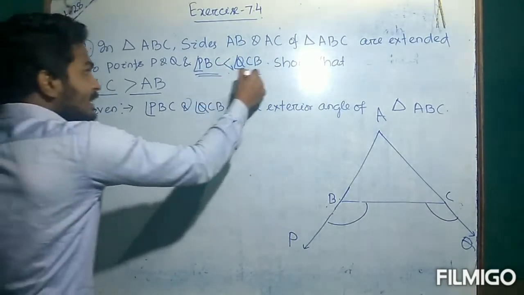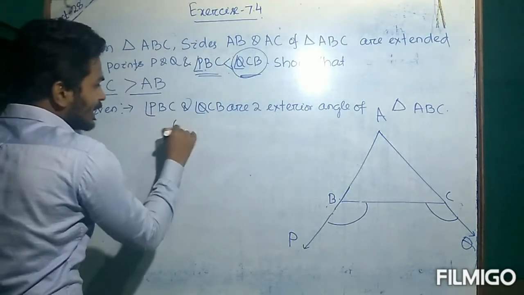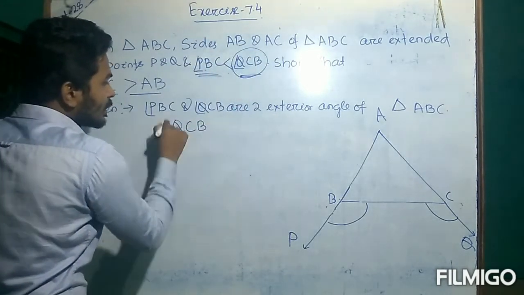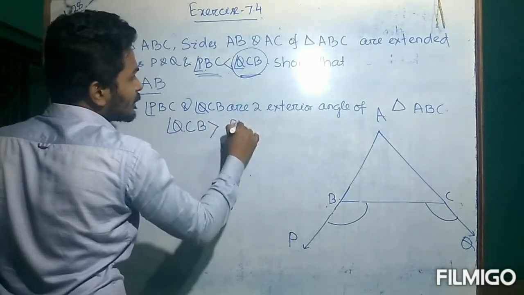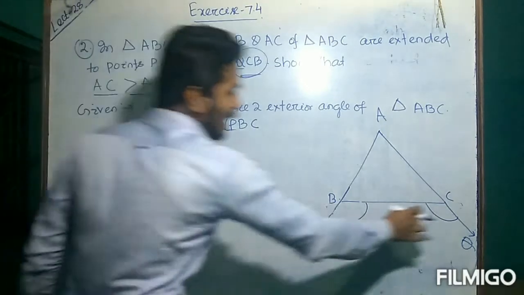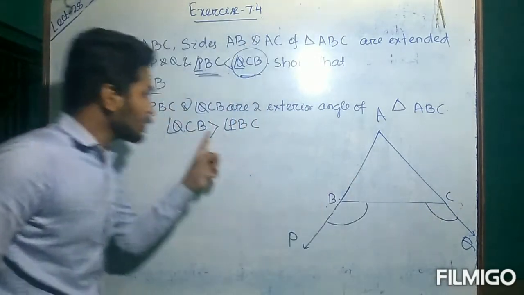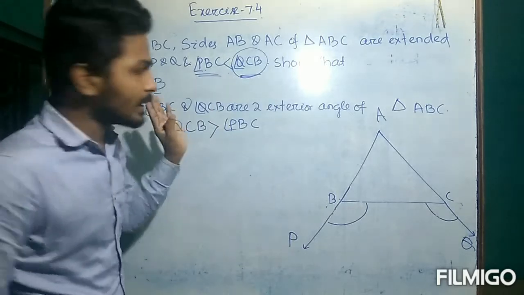Or you can say this is the greater angle than this angle. So simply you can write angle QCB is greater than angle PBC. This is the smaller angle and this is the larger angle. That is why I write it alternatively.